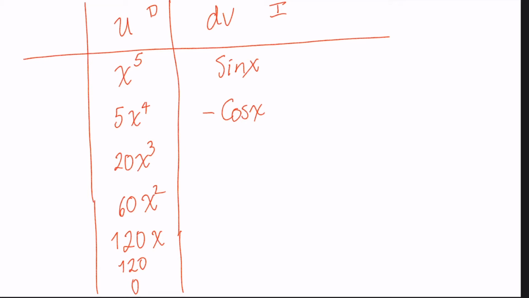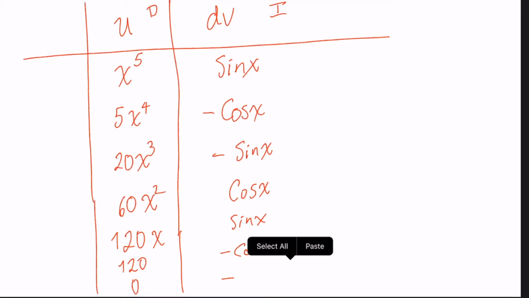Now the integral of sine of x is minus cosine of x, and the integral of minus cosine of x is minus sine of x, and the integral of minus sine of x is cosine of x, and the integral of cosine of x is sine of x, and the integral of sine of x is minus cosine of x, and the integral of minus cosine of x is, let me move a little bit so you will see the line, minus sine of x.